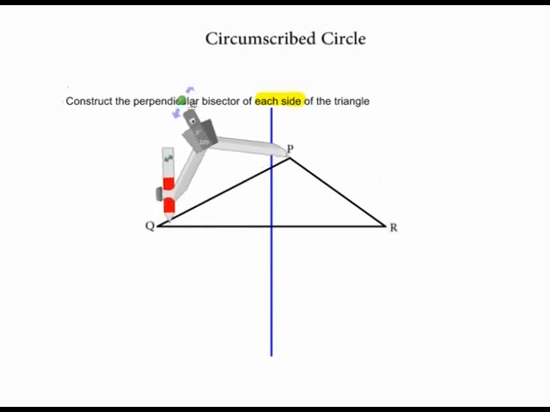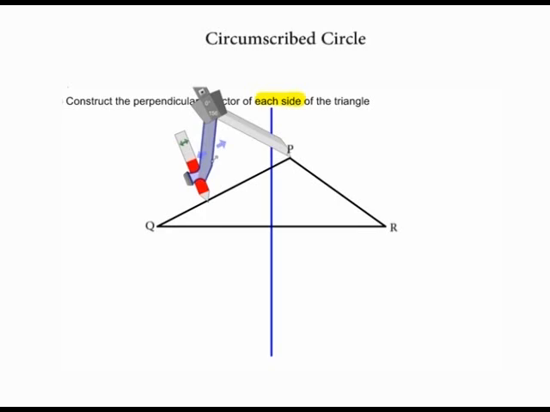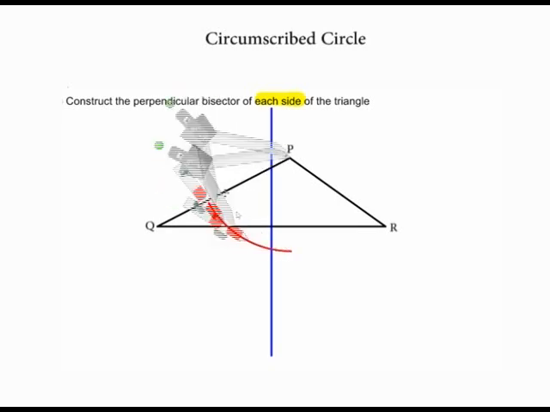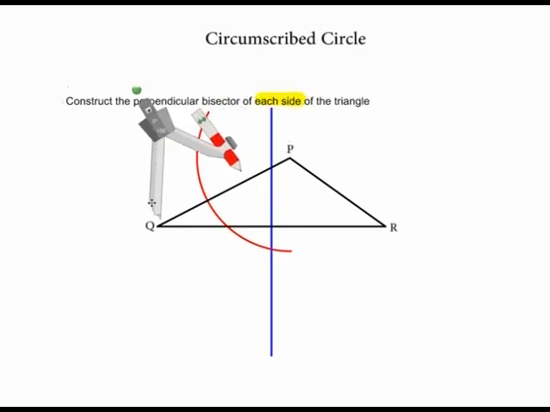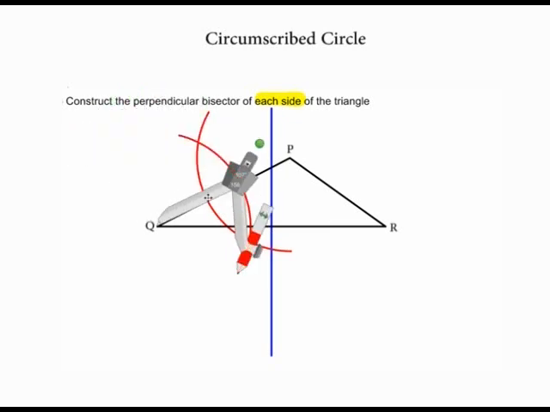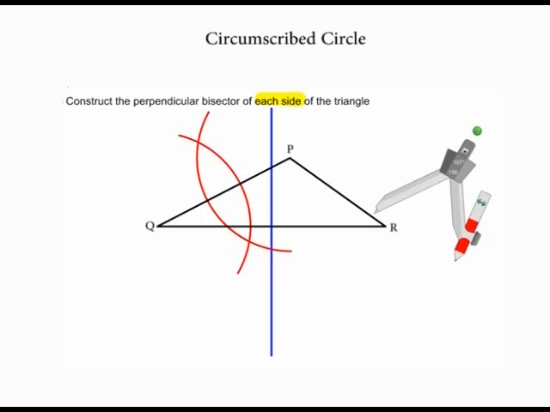Side PQ, this has to be more than half. There is my arc. The other end, don't change the compass radius and make that arc. Connect those intersection points now. And with those two, we already have the circumcenter.